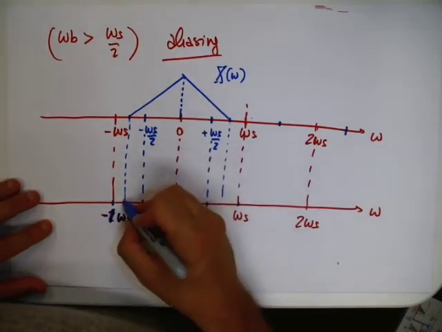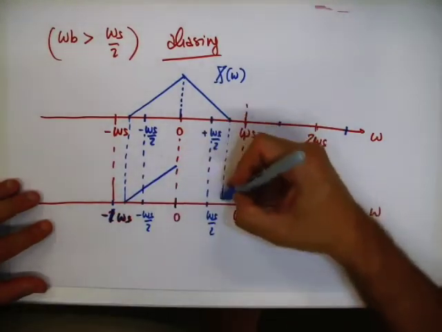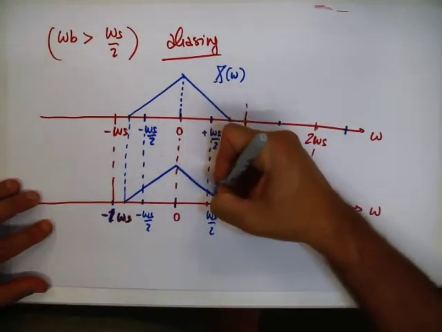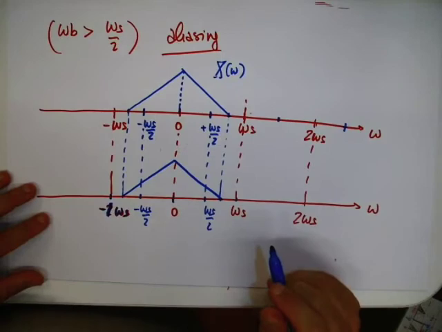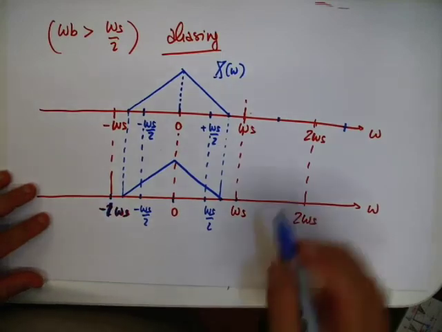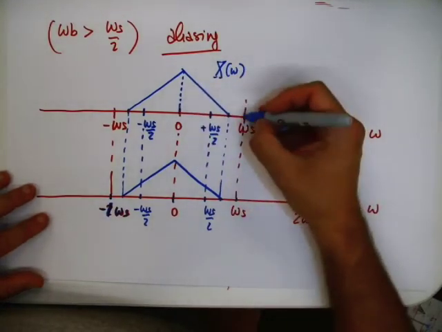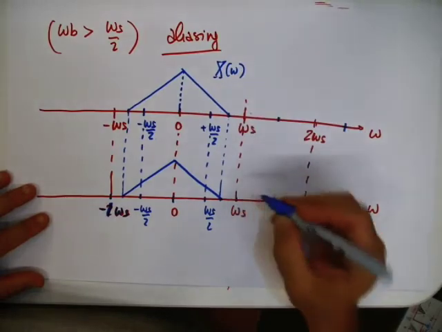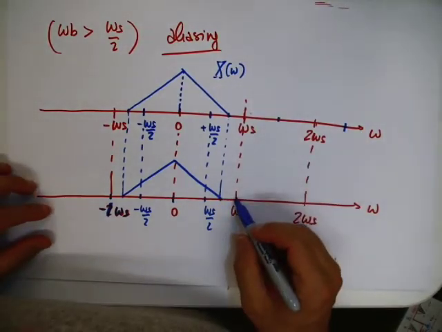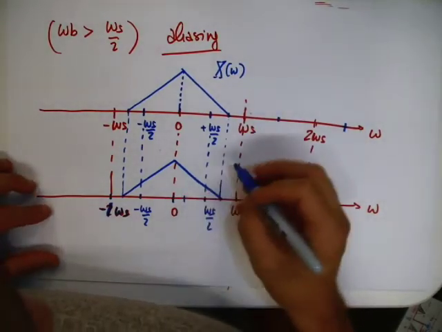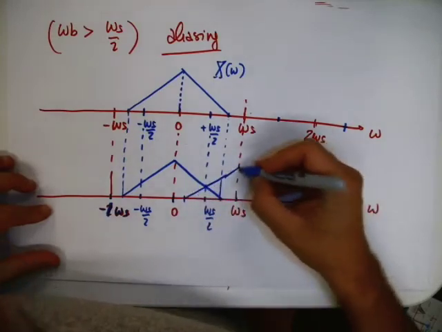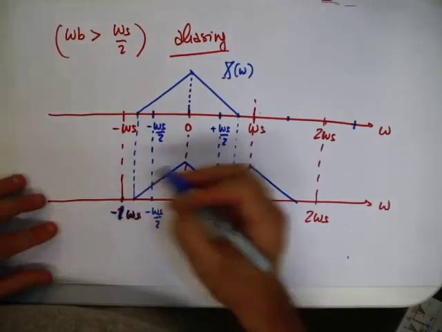But then I'm going to have another copy that is shifted at omega s, and then another copy here.